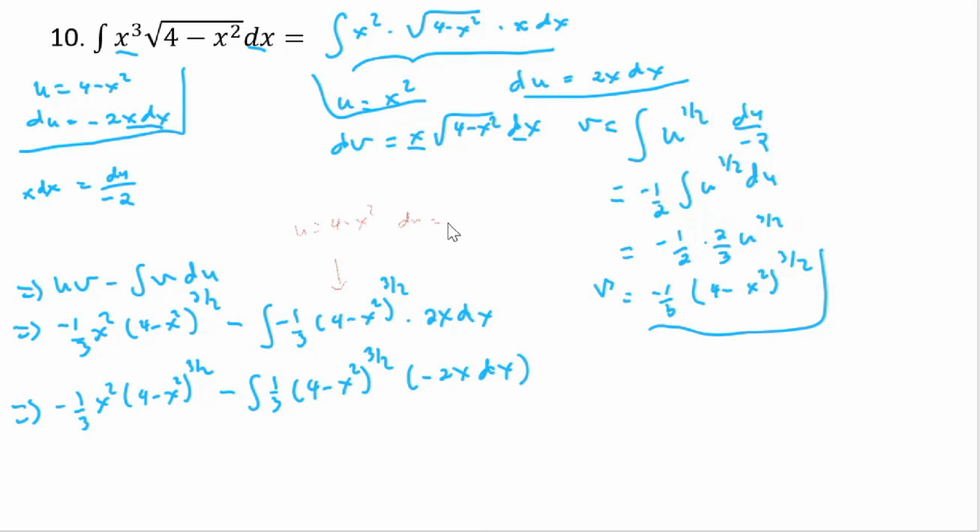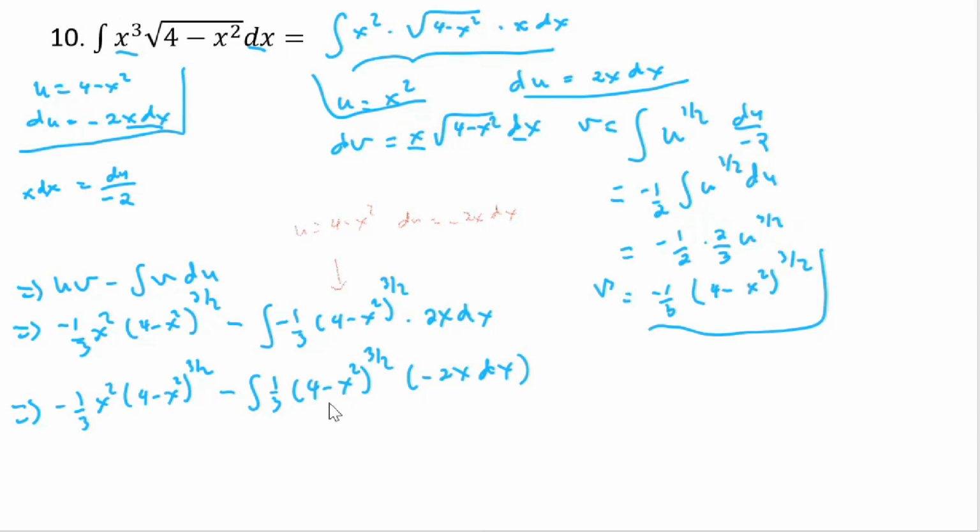Okay, so that one is our u, which is now 4 minus x squared, and the du of that will give you the negative 2x dx. That's the reason why I combine the negative sign from 1/3 and to that 2x dx, so that it will come out that there is really negative 2x dx for the value of du. So after that, it becomes positive 1/3 times 4 minus x squared to the power of 3 halves times negative 2x dx.